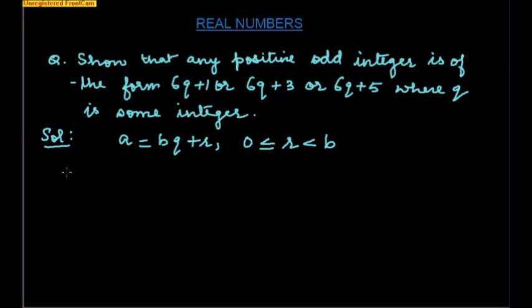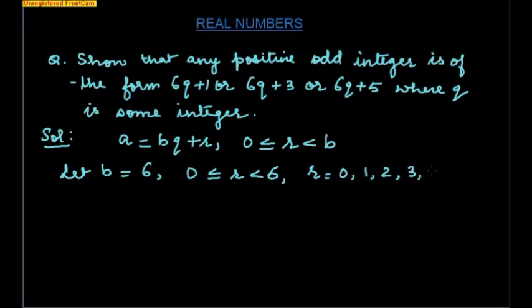So if I take B to be 6, then R will be from 0 to 6. That means R can take any value as 0, 1, 2, 3, 4 and 5.